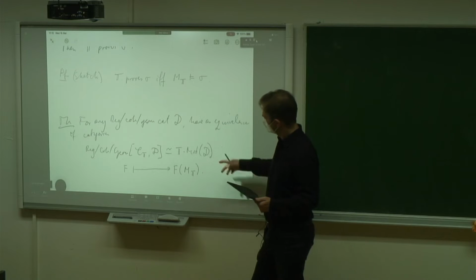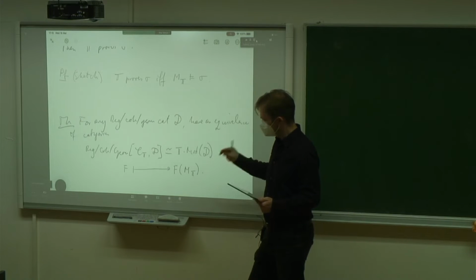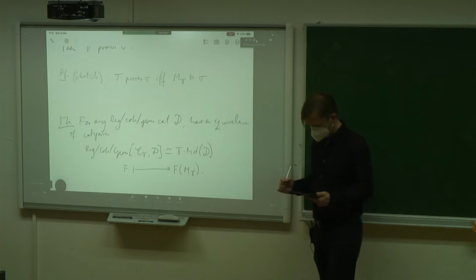So all models are images of the generic model.